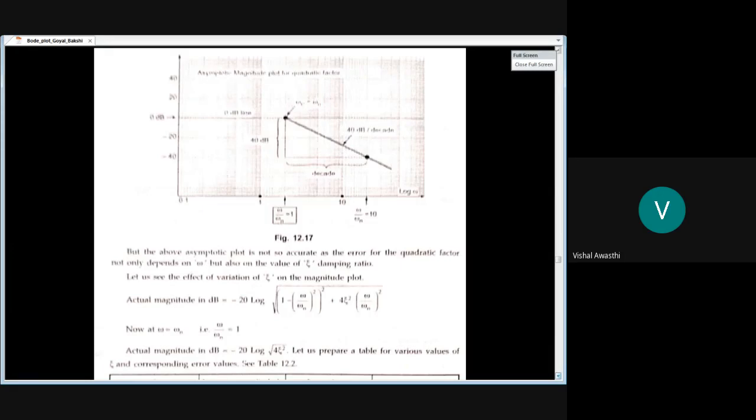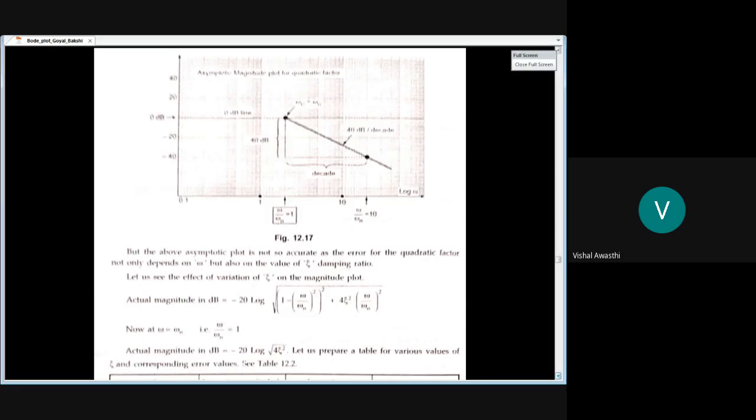So on your screen in figure 12.17, you will have a plot of quadratic pole. You can see that when omega upon omega n is equal to 1, or omega is equal to omega n, you have a small dot, and till that we are considering this initial zone as a low frequency zone, and you can see that it has a 0 dB line.